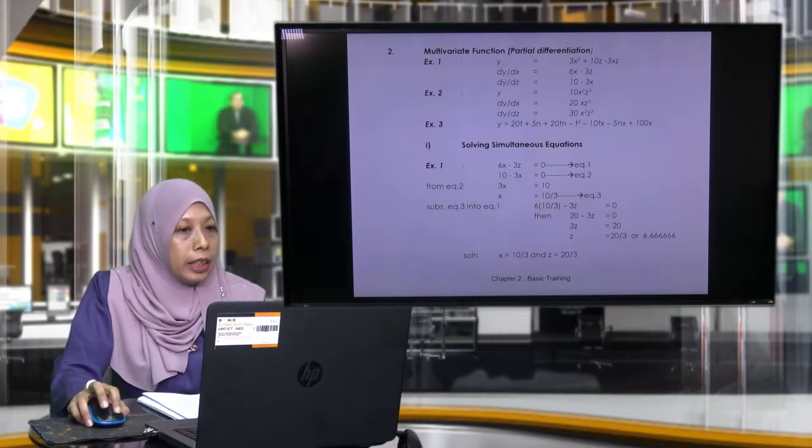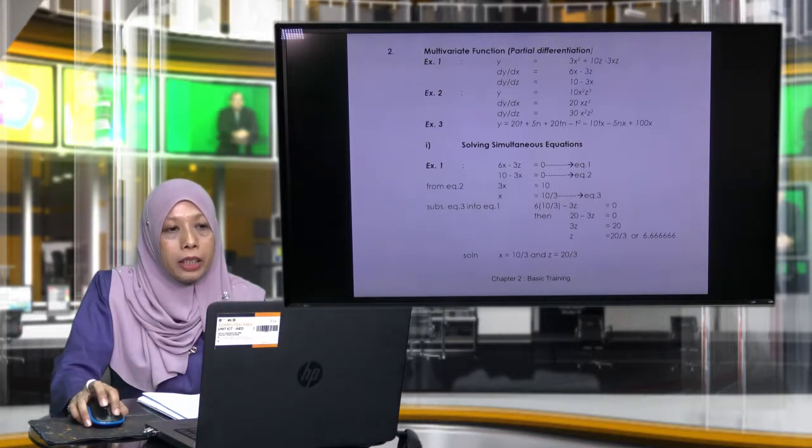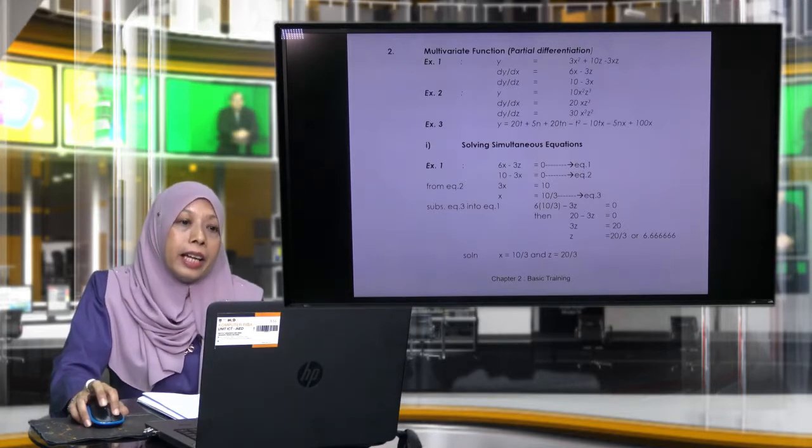So here I have a few examples of a multivariate function. If you look at the first example, you have y equals 3x squared plus 10z minus 3xz. As you can see, your dependent variable is y, which is the variable on the left hand side, and your independent variables are x and z.